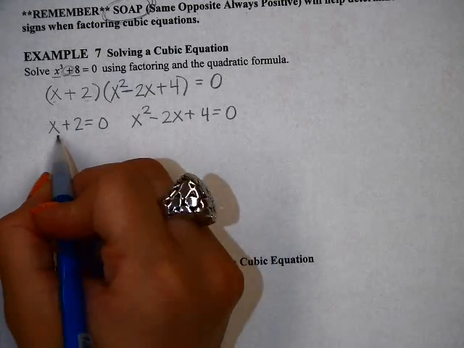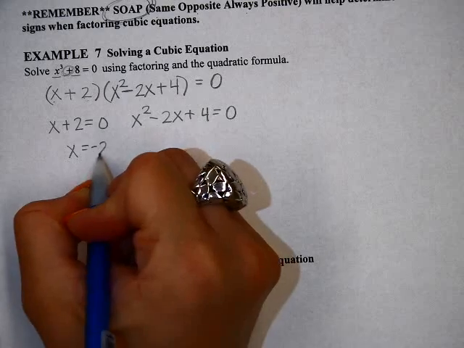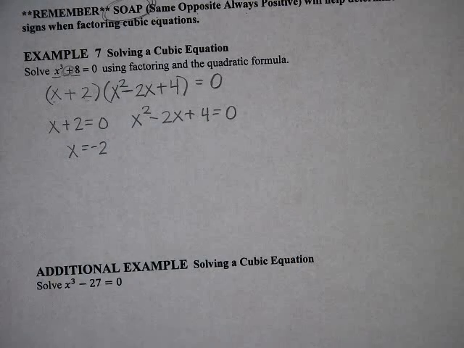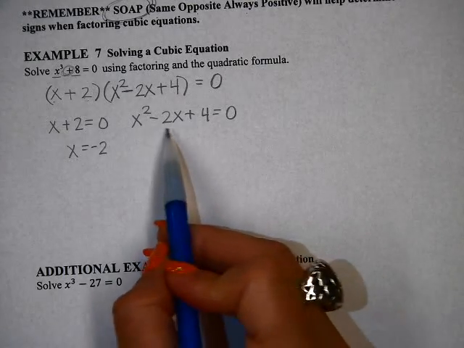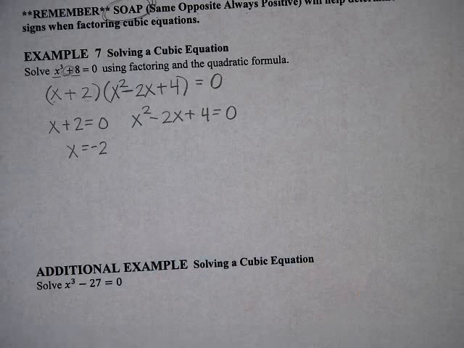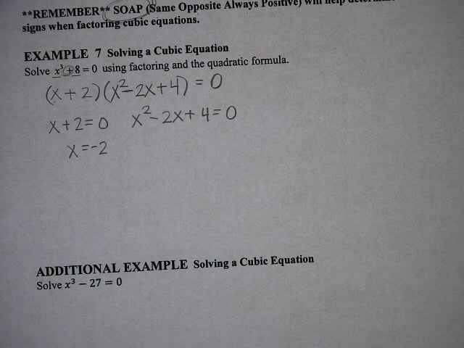When we solve x plus 2 equals 0, we get x equals negative 2. That will be one of your solutions. And then to get your other two solutions, this is a quadratic equation, so you will need to use the quadratic formula. Keeping in mind it's a cubic equation, it's cubed, and so you will have 3 answers.